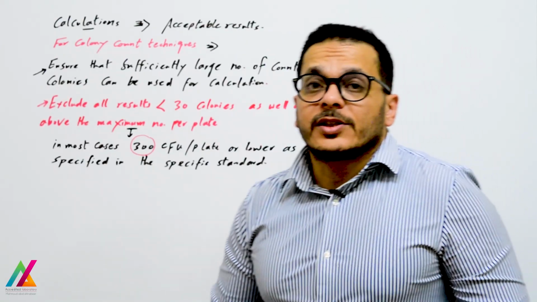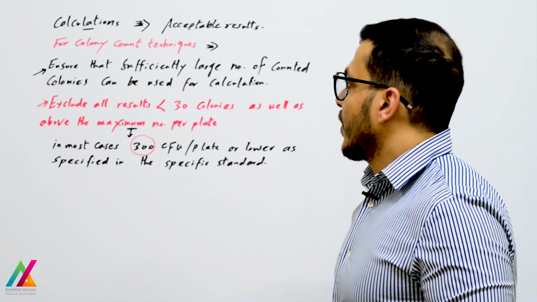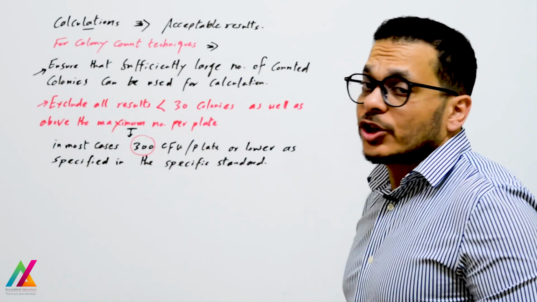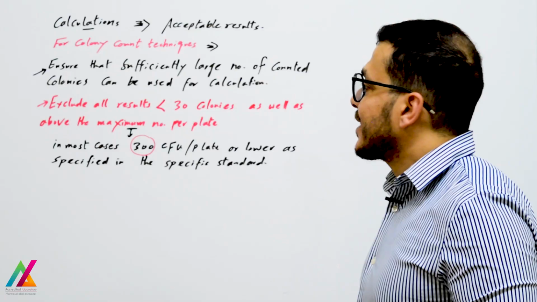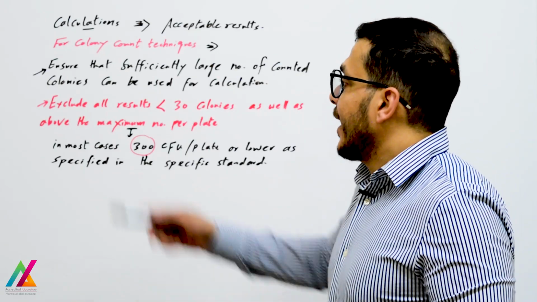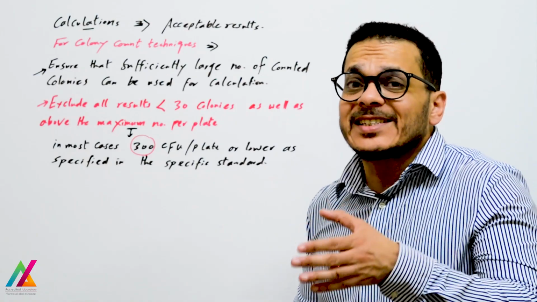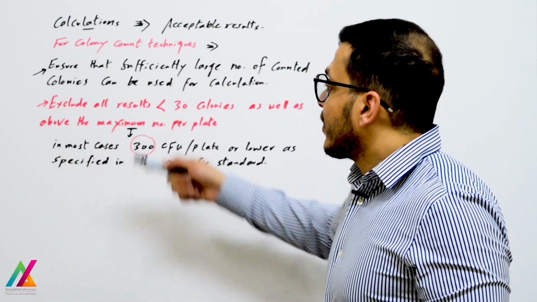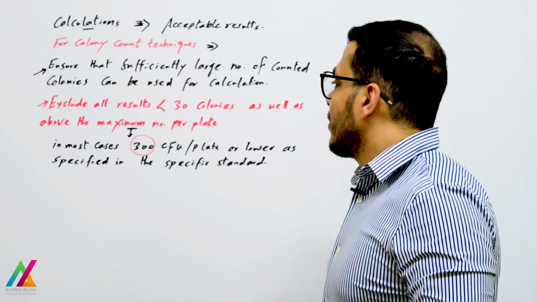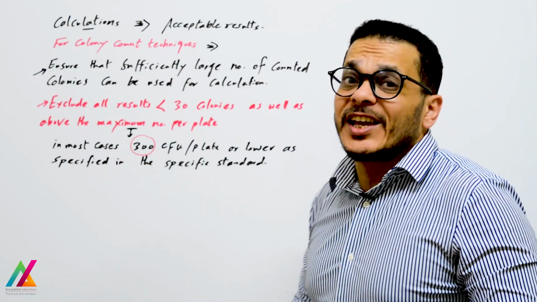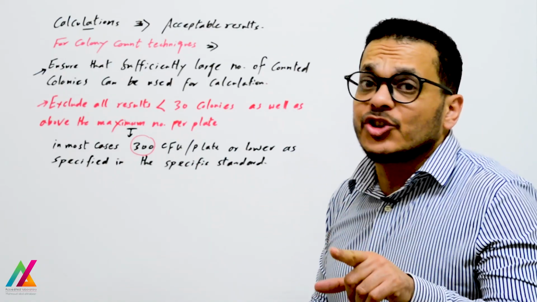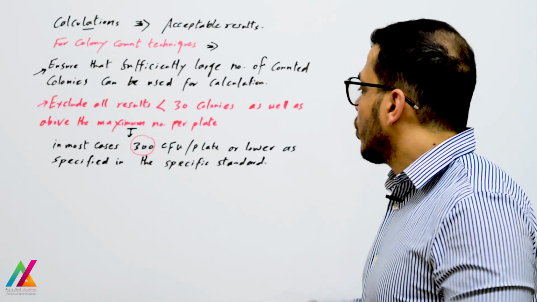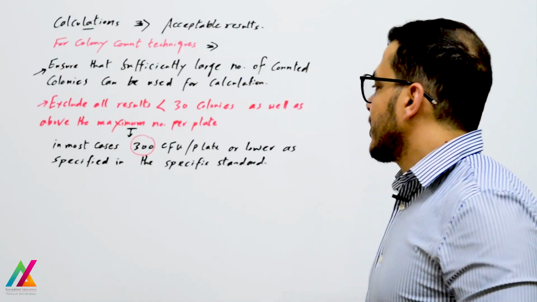And now calculations: acceptable results. For colony count techniques, ensure that a sufficiently large number of counted colonies can be used for calculations, and exclude all results with fewer than 30 counted colonies, and also whatever is above the maximum number per plate, which in most cases, as mentioned in this standard, is 300 CFU per plate, or lower as specified in the specific standard.